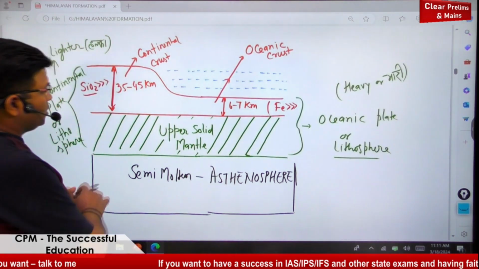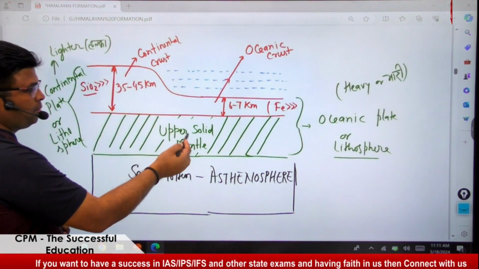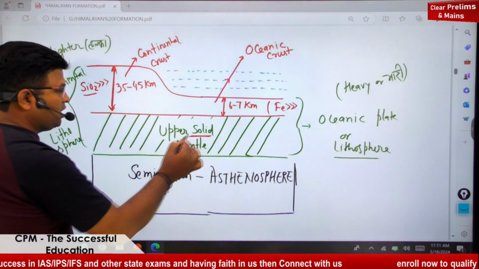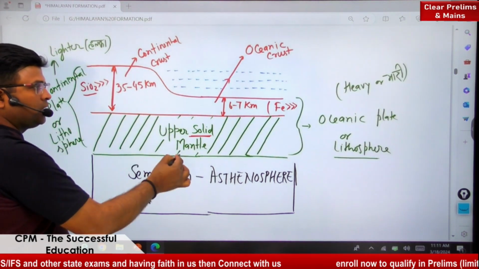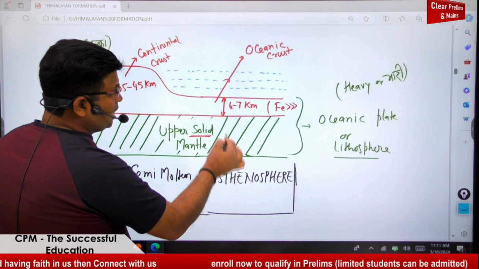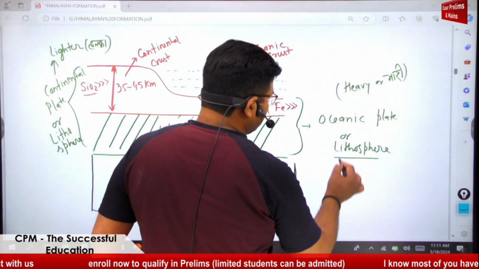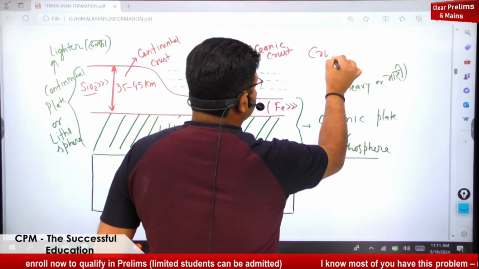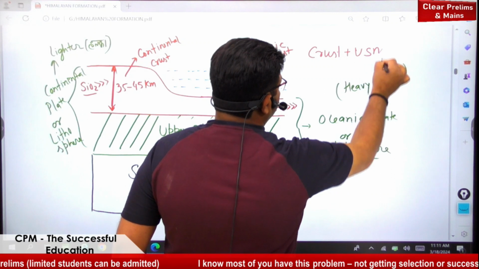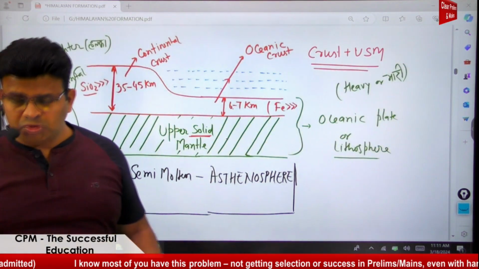Below the crust the mantle starts, and the first layer of the mantle is the upper mantle, which is very solid, and it is also attached to the crust. So this crust and mantle are attached to each other. The crust and the upper solid mantle together are known as the lithosphere or plate on which we are standing.